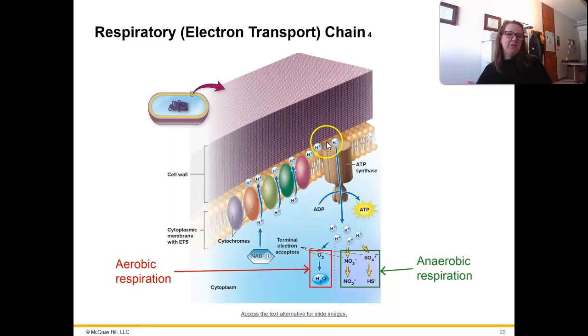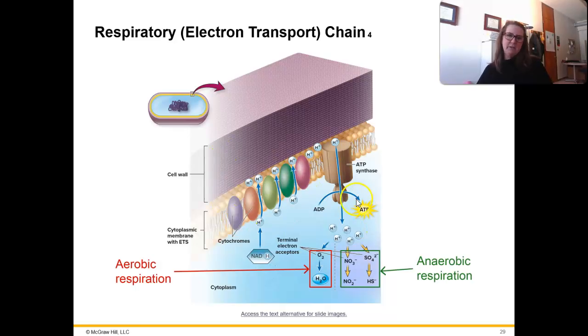So these hydrogen protons are producing a gradient where they're in higher concentration on this side of the membrane, and then that prompts them to essentially react with the ATP synthase, this enzyme, and put that high energy phosphate bond on the ADP to make the ATP.